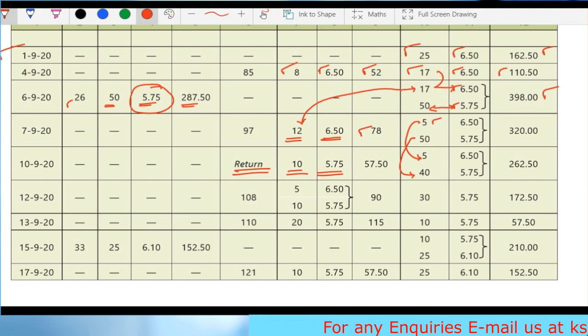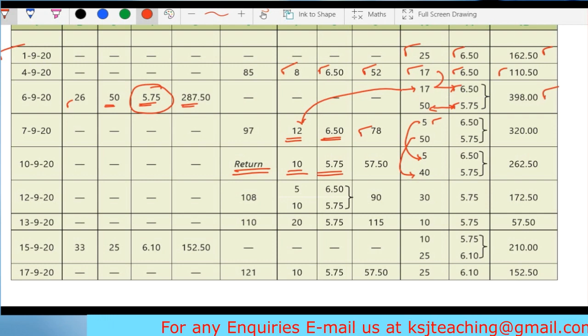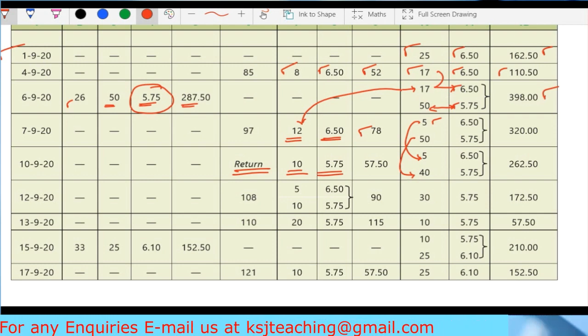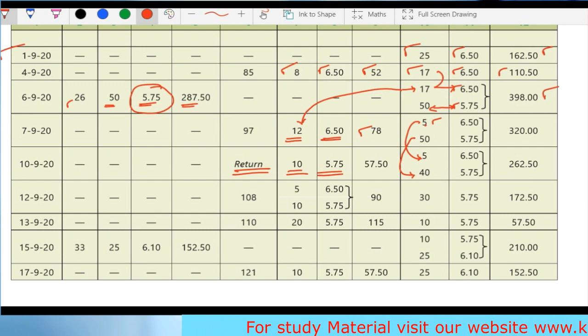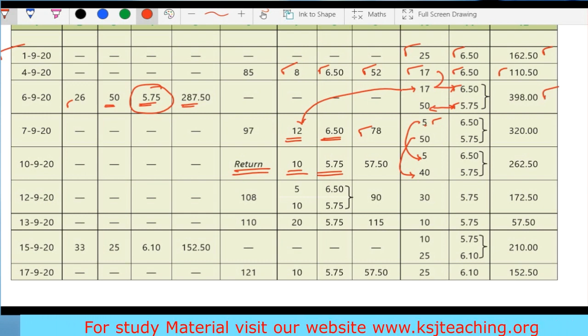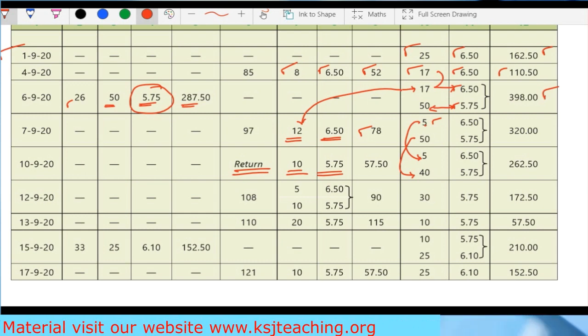So you need to be very careful about which stock we are issuing from or returning the material from. We haven't touched these 5 units when we are returning these 10 units. These 10 units have been returned from the 50 units. Here the first in, first out concept will not apply. First in, first out will apply only when you are issuing the raw material to the production department or production floor.